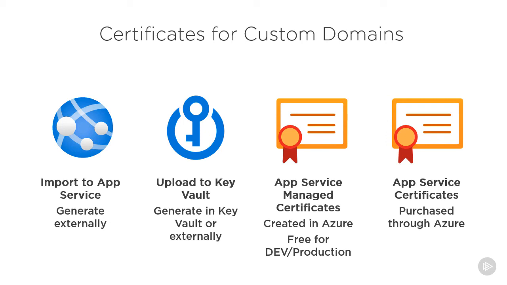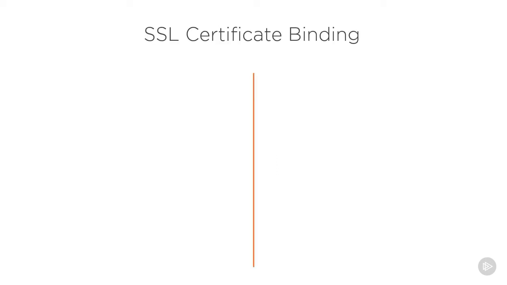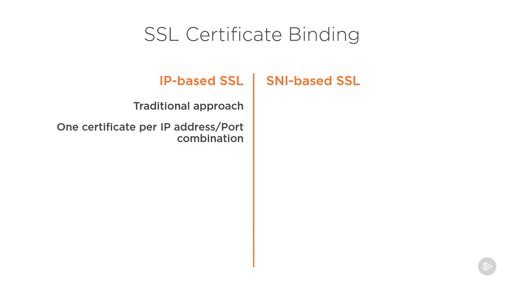When you bind a certificate, whether you've purchased it outside Azure or you're using an App Service certificate created within Azure, you have two options when it comes to binding it to your domain and subdomains. You can choose IP-based SSL or SNI-based SSL. IP-based SSL is the traditional type of binding, whereby one SSL certificate is used to secure a dedicated public IP address and port combination.